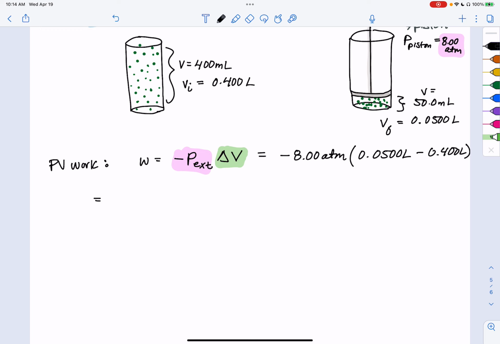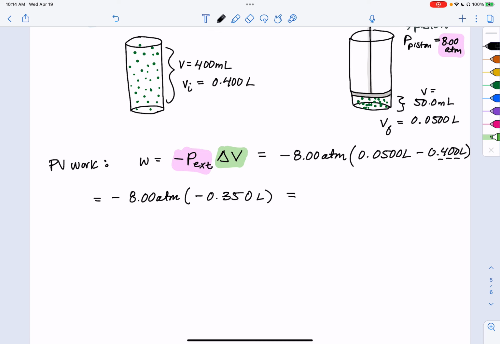So that's going to be my negative 8.00 atmospheres times, let's see here, when I do that difference, what do we get? So 0.05 minus 0.4 gives us negative 0.35, keeping my decimals as my least precise number for sig figs, so it's 0.350, and that is liters. So I've got a negative times a negative, which will give us a positive.